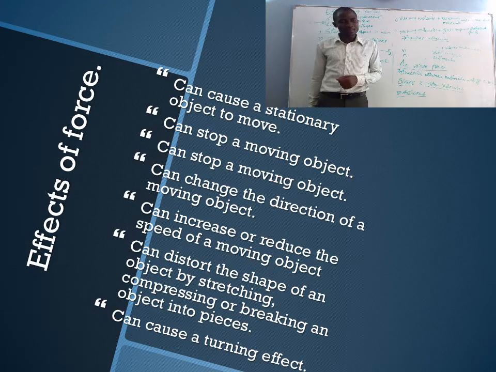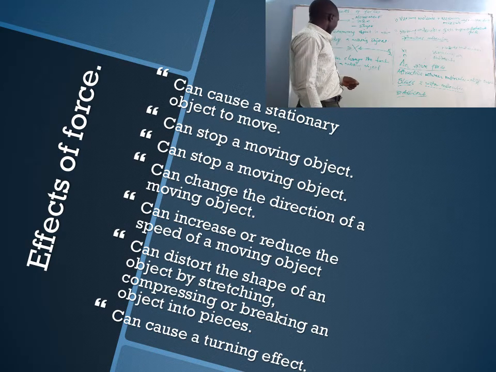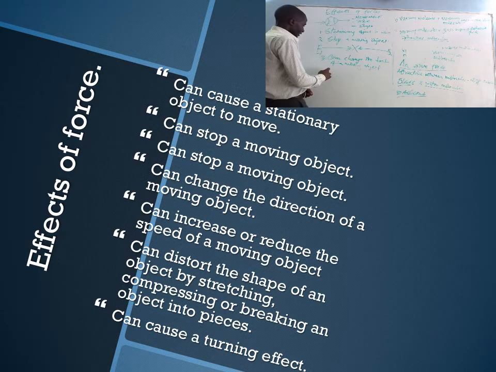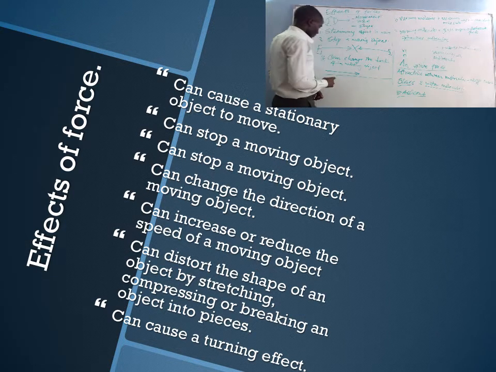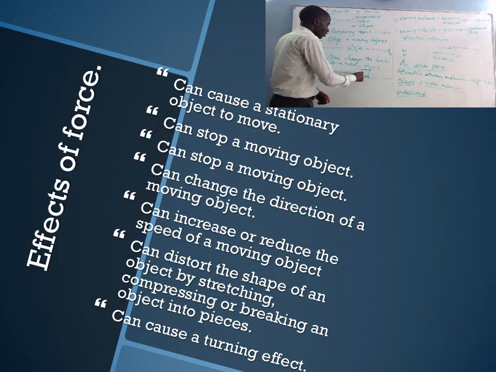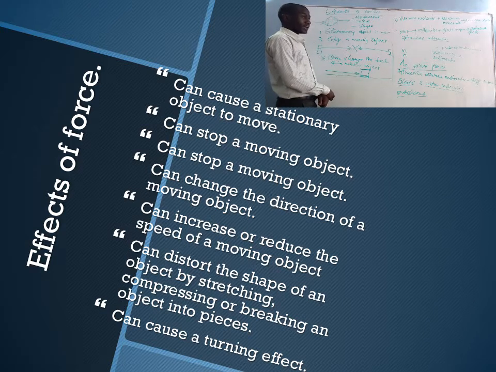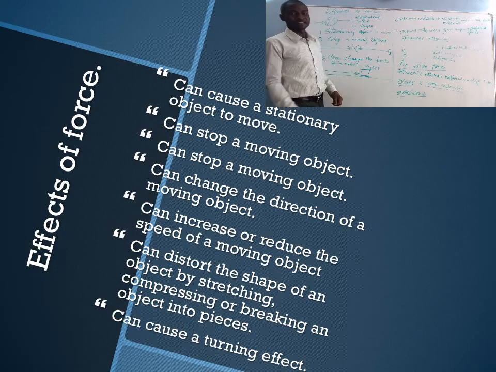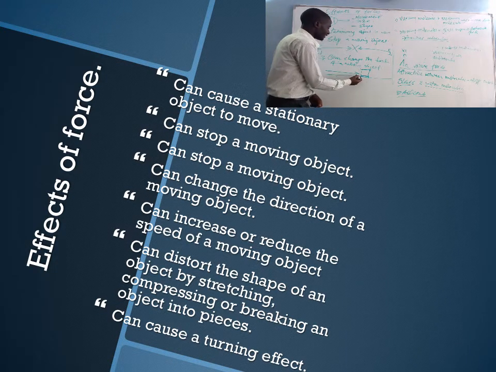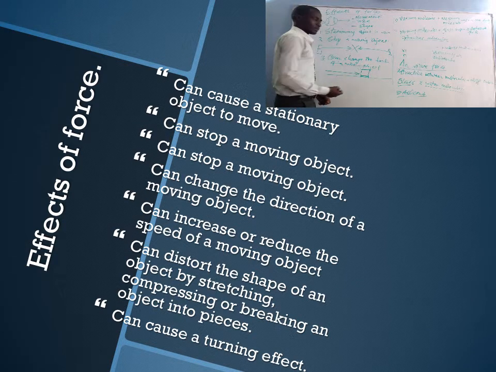Still using an example of a car. If a car moving on a straight road hits an object on its path, then if the car does not stop moving but remains in motion, there is a possibility that it will change its direction of movement.